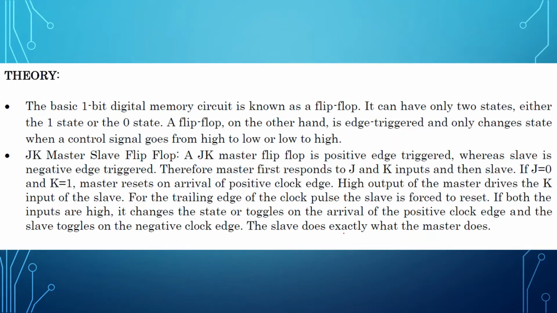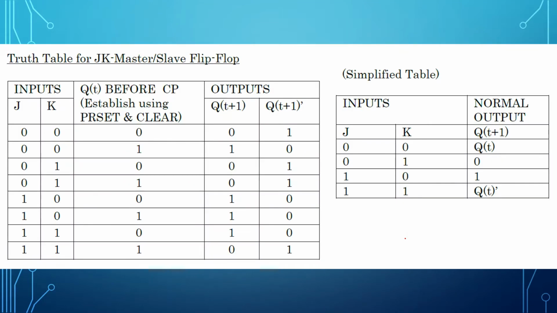So the second one is called the slave and the first one is called the master. The truth table you need to learn was imparted from the previous SR flip-flop, so let's not get into detail on this particular truth table.